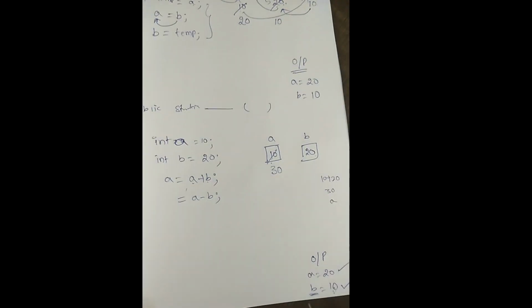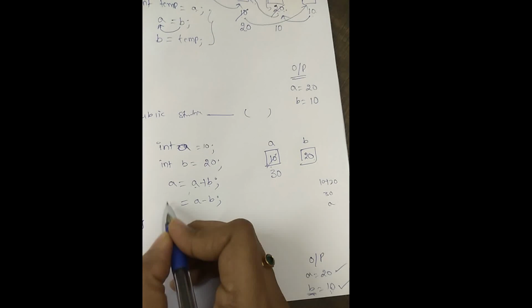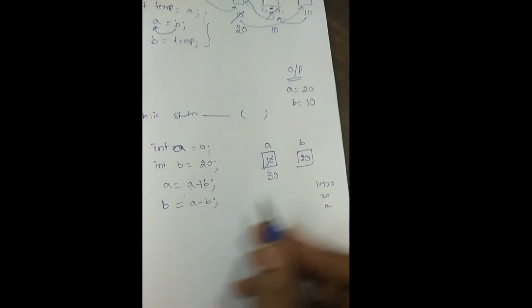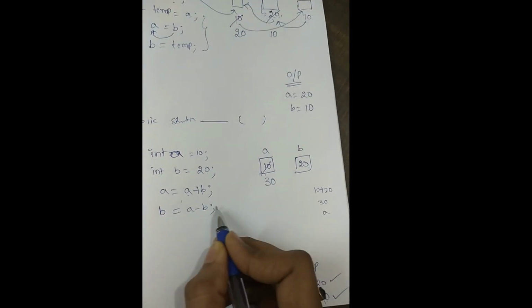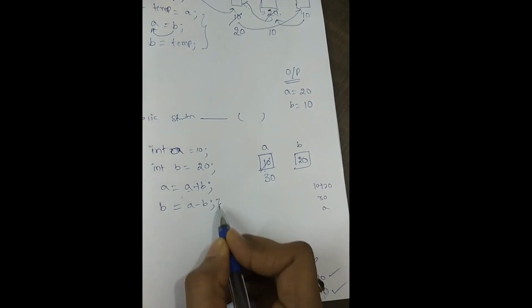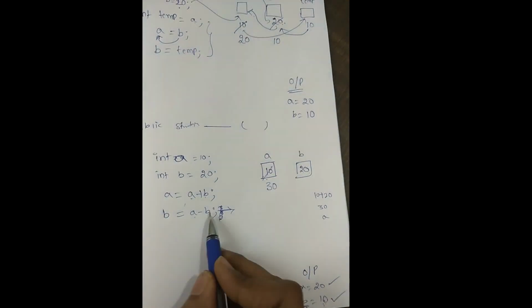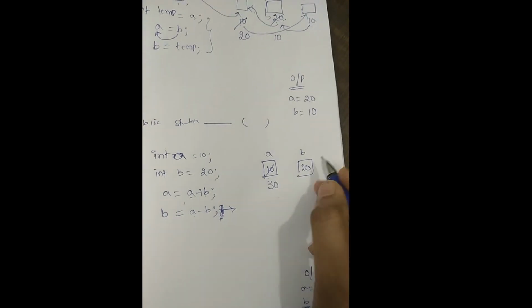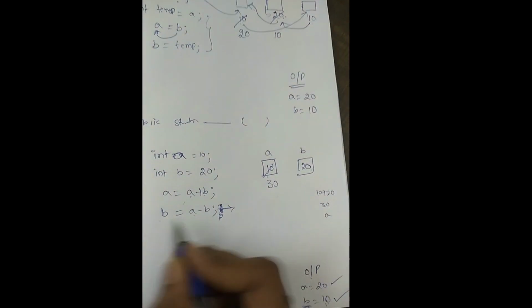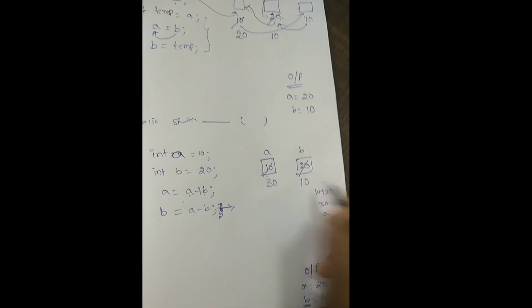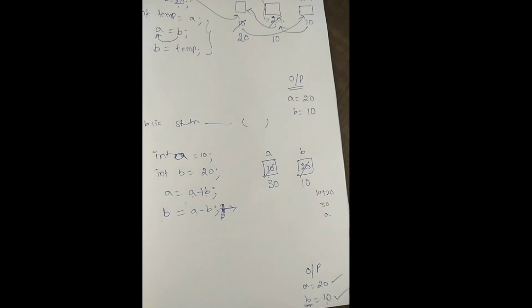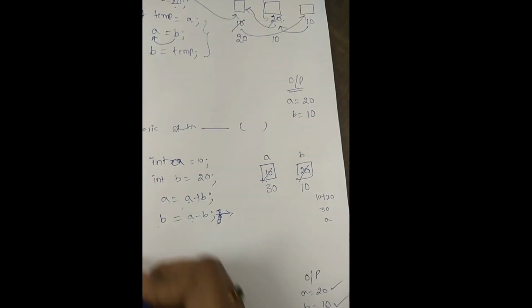A minus b can be stored into b. If you execute this step, a minus b, 30 minus 20, that is stored into b, which means 10. Right? Next, what is the last step?